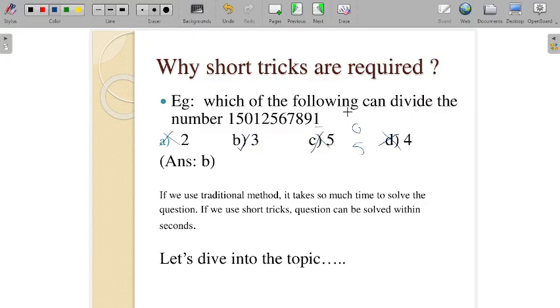So what is the digit sum? The digit sum is 45. So 3 can divide 45, so 3 is the answer. This kind of advantage is available in these short tricks. So let's learn this short tricks topic. Let's delve into it.